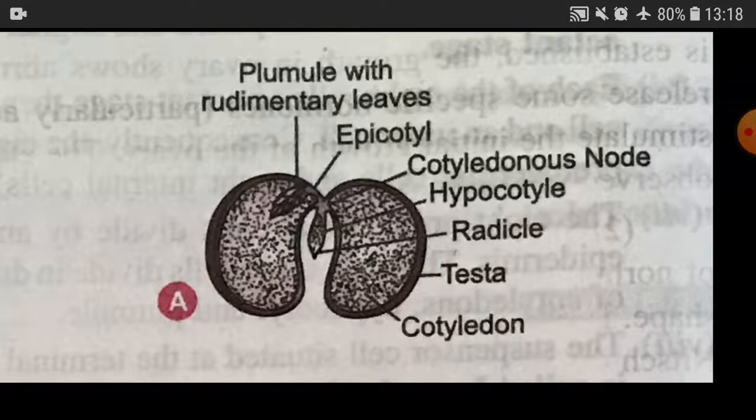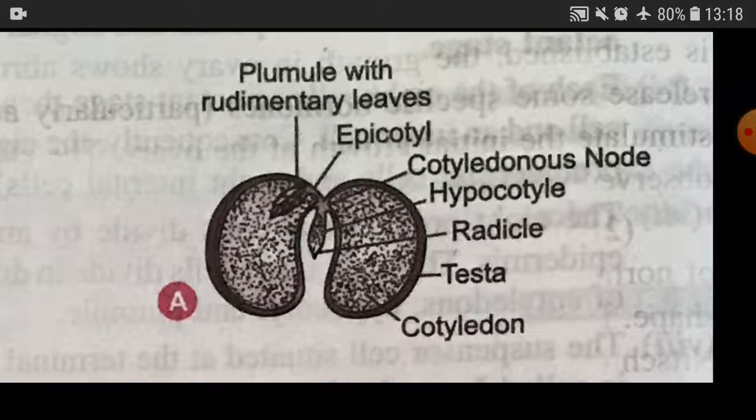A seed typically consists of seed coats, cotyledon, and an embryo axis. The cotyledons of the embryo are simple structures, generally thick and swollen due to storage of food reserves. Mature seeds may be non-albuminous or albuminous.